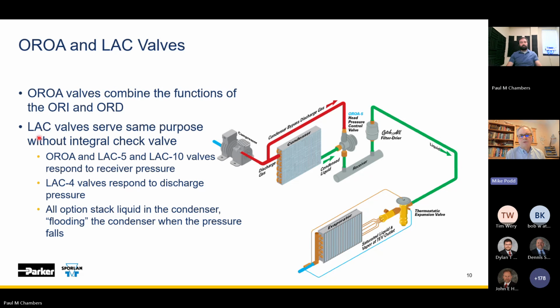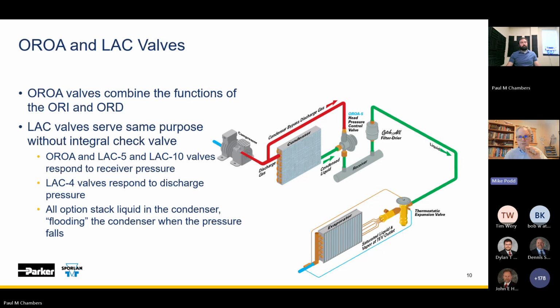Correct. So the OROA has that 20-pound deadband. It's not going to bypass unless the pressure drop across its port exceeds 20 psi, or whatever the setting is. The LAC valves, as soon as it deviates from its set point, will allow some hot gas to bypass. So they have different sensitivities.